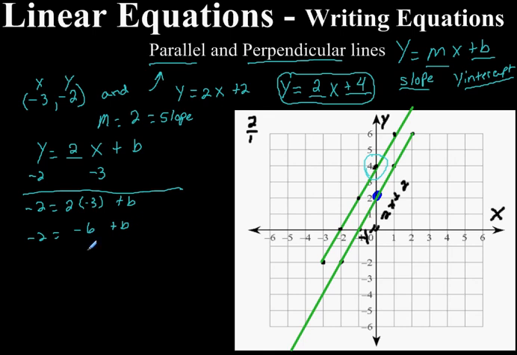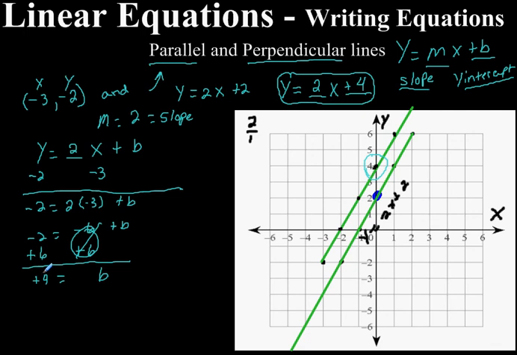Okay, now to solve for b, we have to move this 6 over to the other side by using the opposite sign. -6, +6, that goes to 0. Bring down the b, equals -2, +6 gives you a +4.